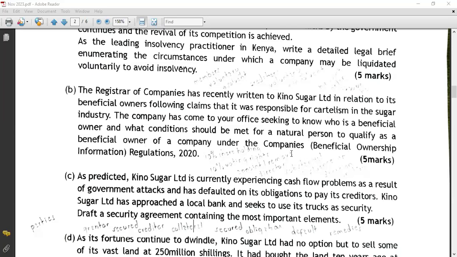So the question is also asking who is a beneficial owner, and what conditions should be met for a natural person to qualify as a beneficial owner. This is where the many marks will come from.